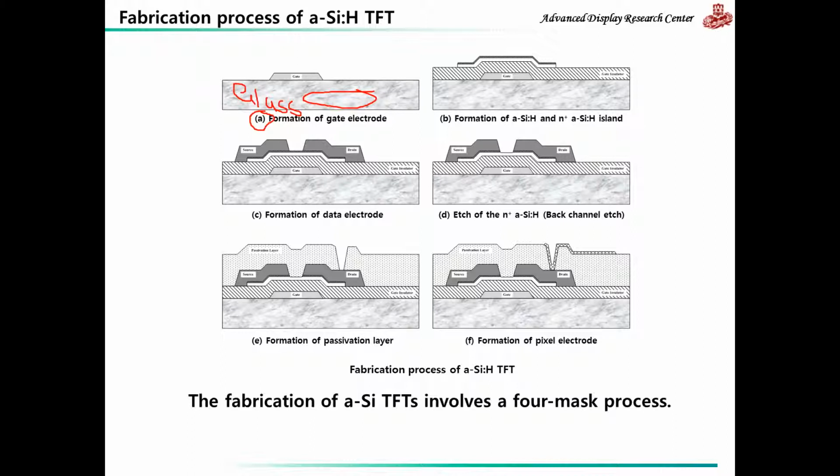We also deposit the active region, which is intrinsic hydrogenated amorphous silicon. And we also deposit an ohmic layer, which is N plus hydrogenated amorphous silicon. And after depositing these three layers, we define the active island. We pattern using photolithography and the active mask to define the shape of the active island as shown in B here.